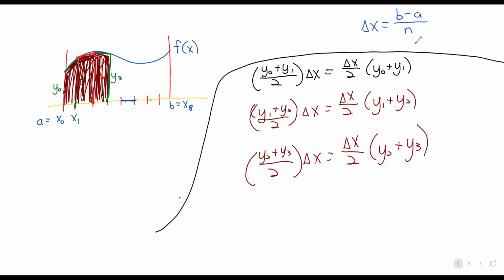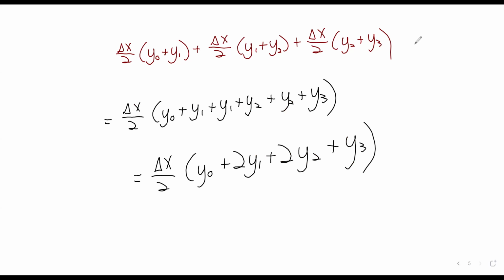Now, if we were to take this sum and we were to keep going, we'd get the delta x over 2 times y3 plus y4.